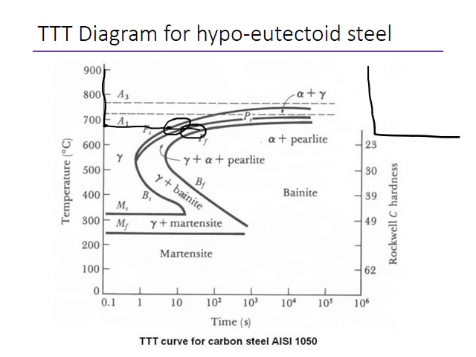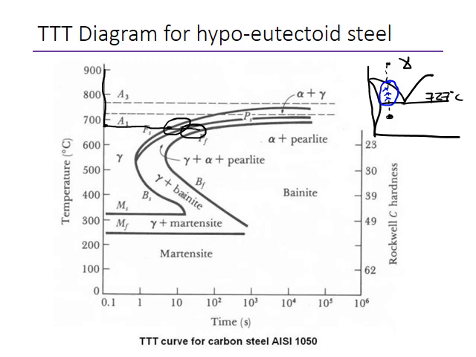Again, if we draw the phase diagram, you have to consider that you are quenching to a certain temperature below the 727 Celsius, but you are crossing this region. So you are quenching, but you are crossing this region.